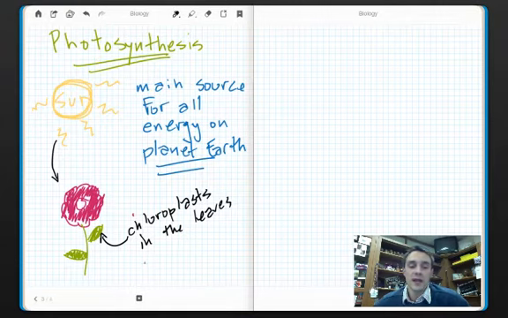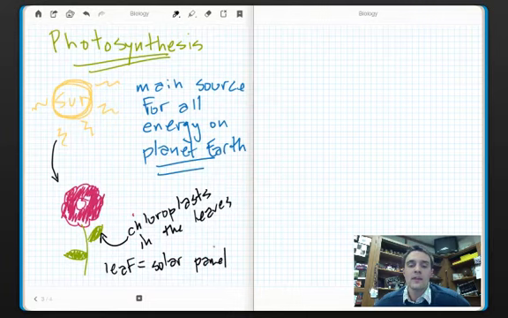And it's those chloroplasts that act like little cells inside of a solar panel. So the leaf itself is kind of like a little solar panel, and the chloroplasts are like the little photovoltaic cells inside of that solar panel. So the leaves actually absorb the light energy.